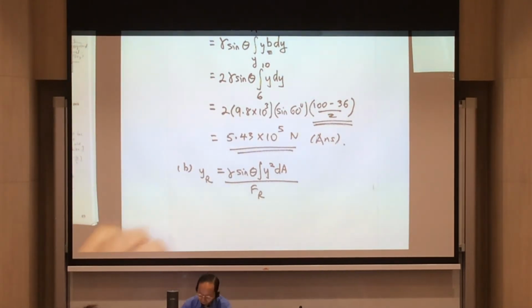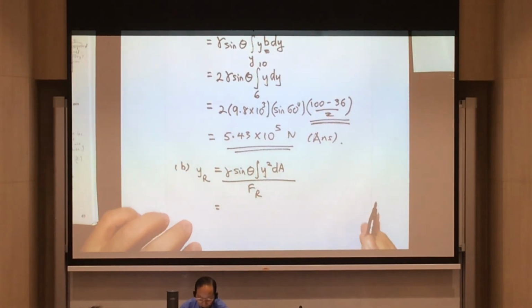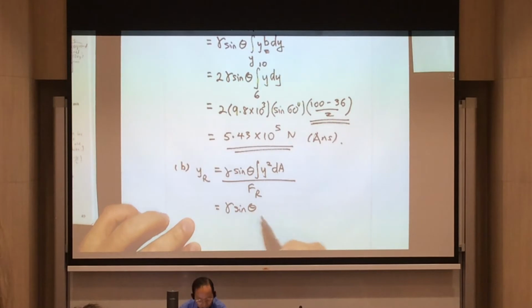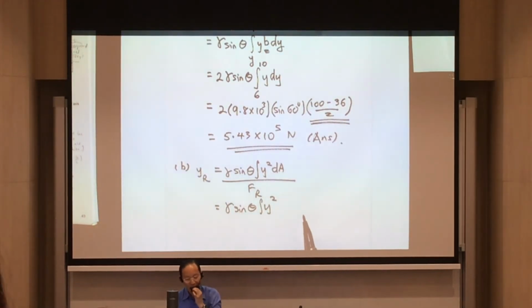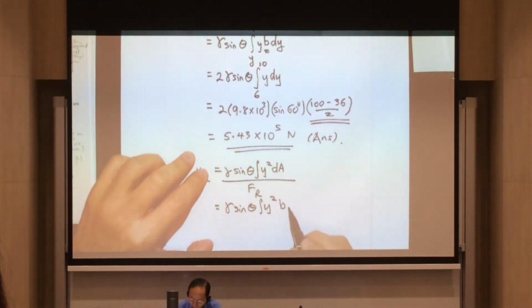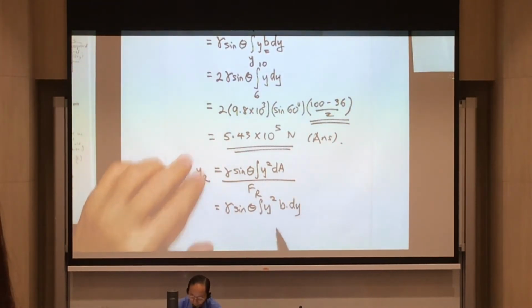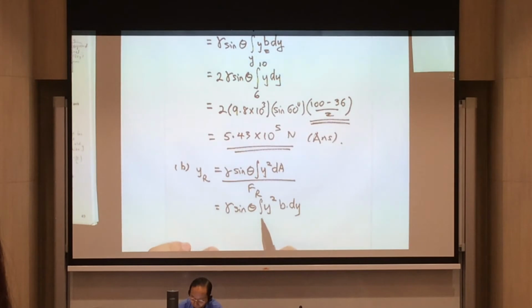So, in the same way, we can rewrite it as gamma sine theta integral of y squared, and dA is d times dy as before. Then we integrate over the distance y over FR.